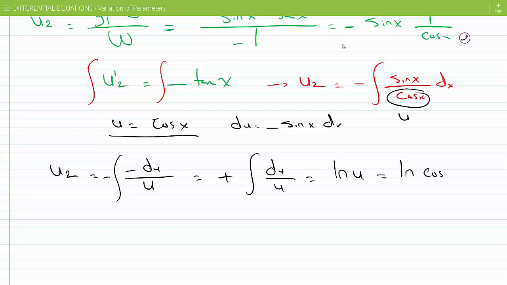So it's ln of the absolute value of cosine x. So u2 is ln cosine x.